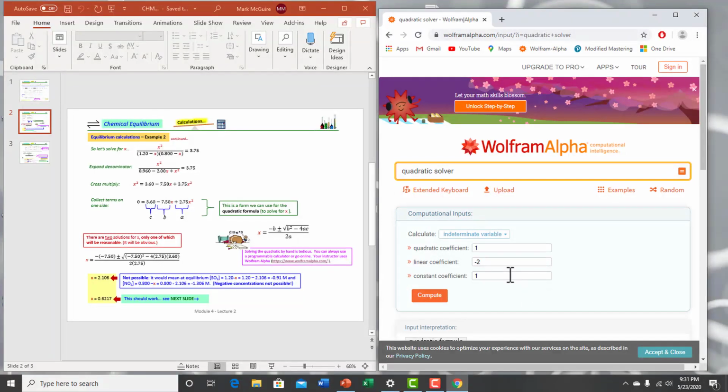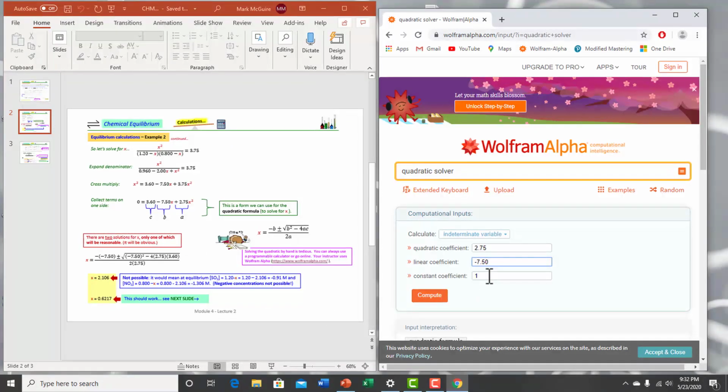I get this box here that asks for some input. The quadratic coefficient is the coefficient in front of the x squared term. It's 2.75, so I will put that right there. The linear coefficient is the number in front of the x term. It's minus 7.50.